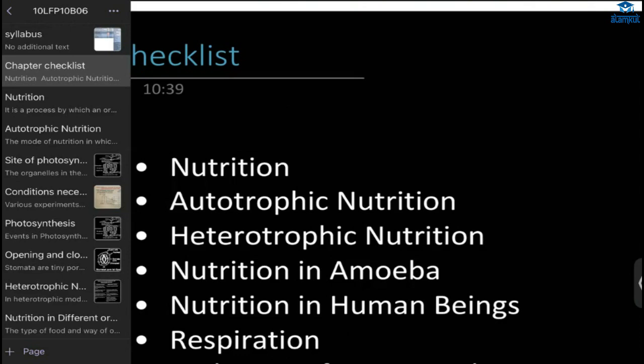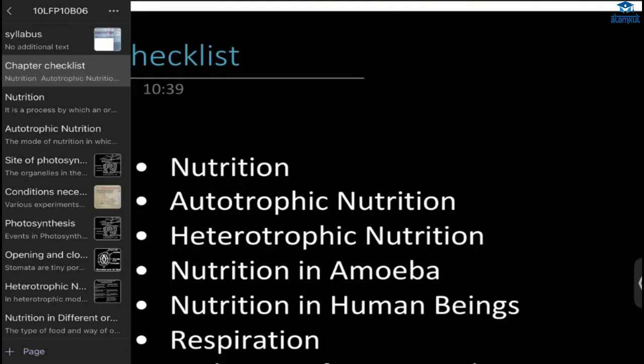Excretion also. They are eating, and after that waste will also be produced, so that will also be expelled, right? Then nutrition, material should be going from one part of the body to the other part, right? So transportation is also there.